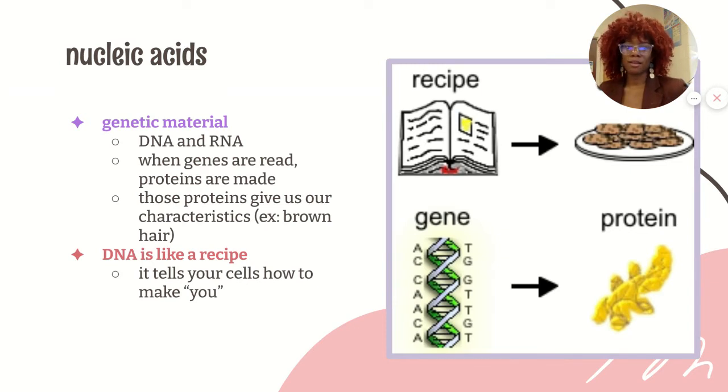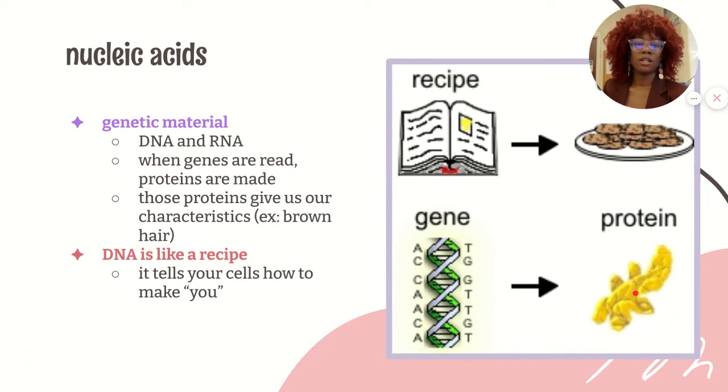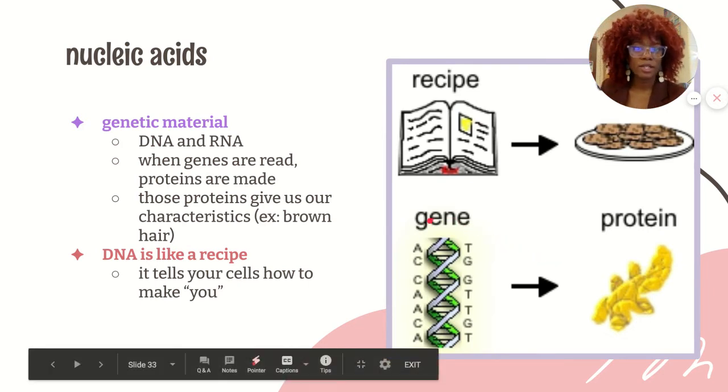So my DNA, my genetic code, my genome, is going to get read by the cell, and that's going to pump out a protein. That protein is going to do something, and that's going to make your hair be this color, or make you 6 feet tall, or whatever. It's going to give you your traits.